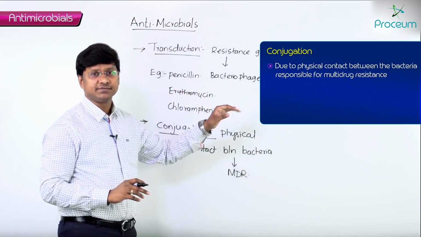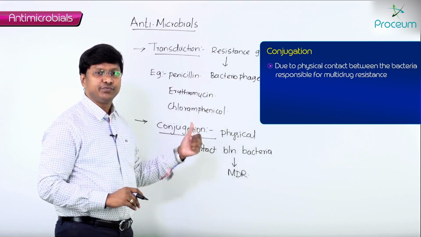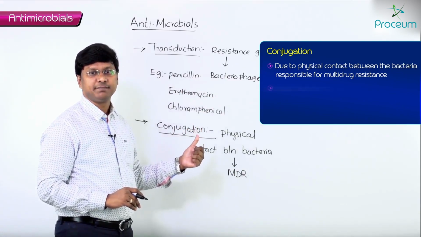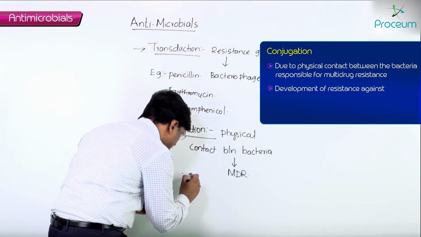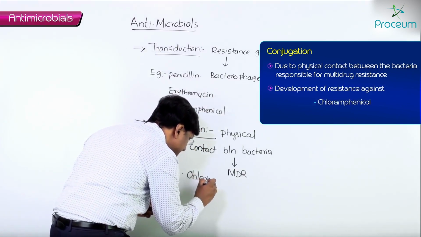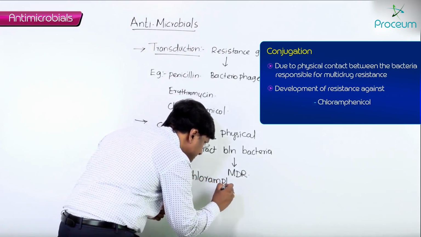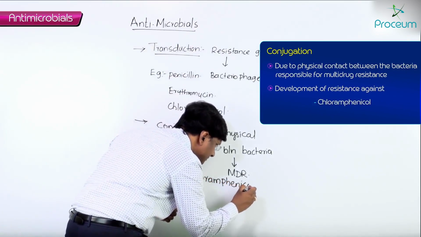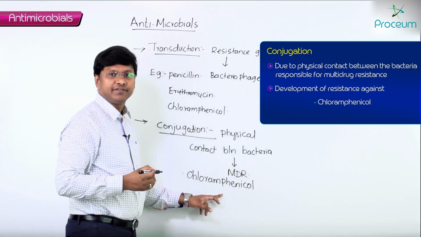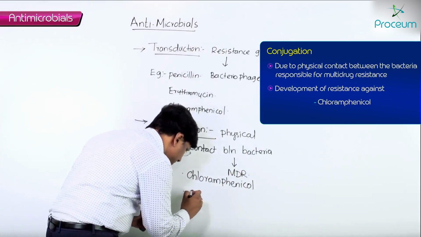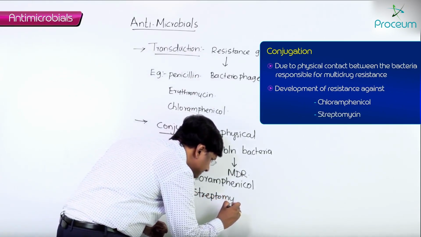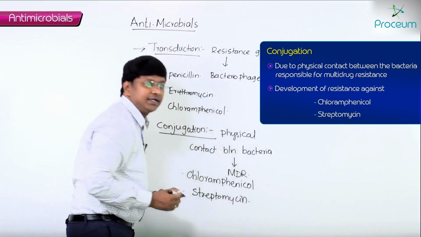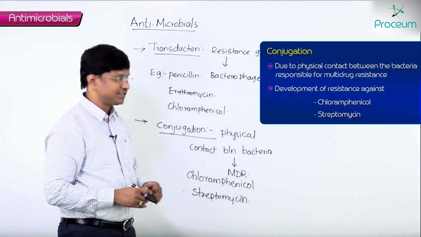Among the various mechanisms, conjugation is a very important mechanism for the development of resistance against chloramphenicol and the other antibiotic, streptomycin.